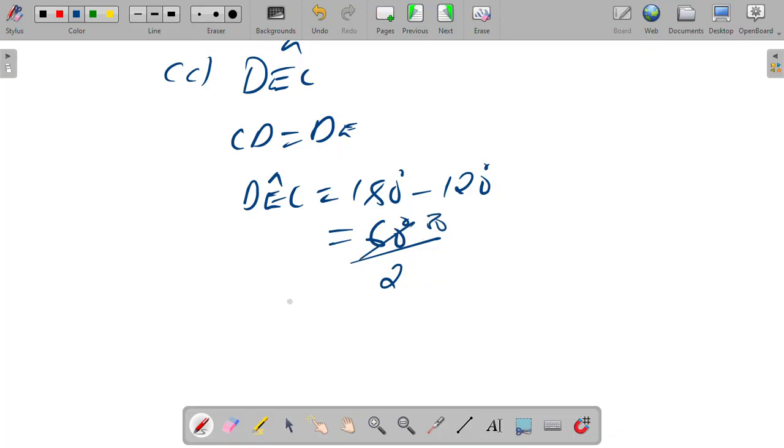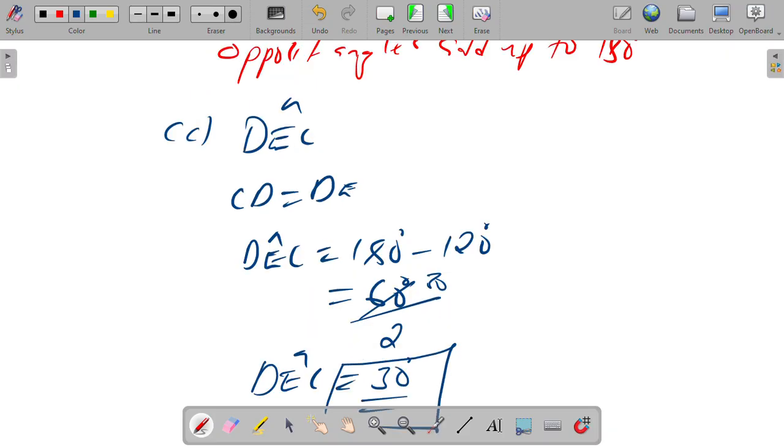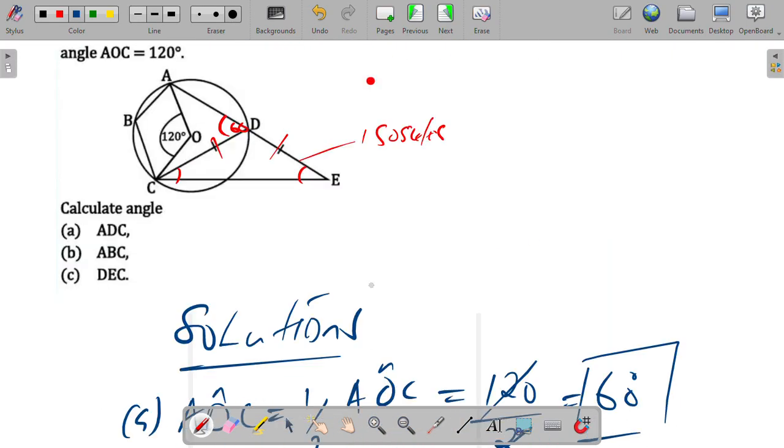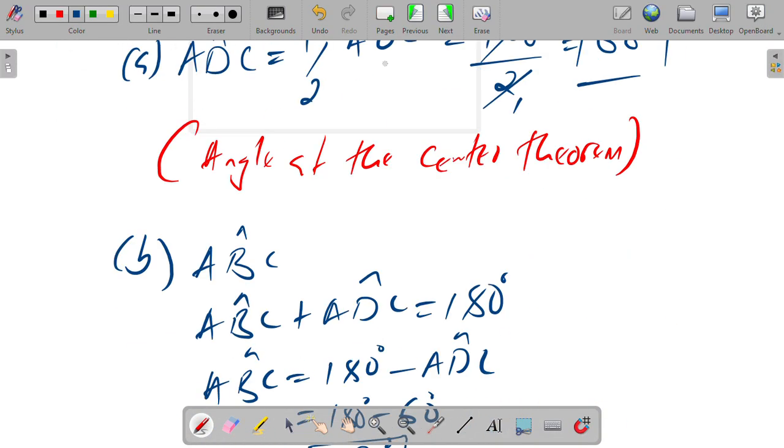We get 30 degrees. So our DEC is equal to 30 degrees. Here we have our 30 degrees, and there 30 degrees. And when we add these two angles, we get the exterior angle here, which is 60. Now what theorem have we applied here?